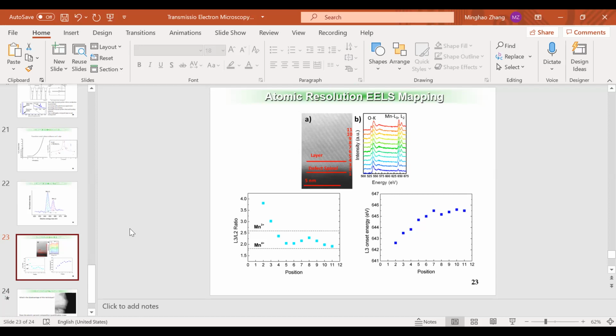So we have lithium as the electrolyte, silicon as the anode, and lithium cobalt oxide as the cathode. And once we started the biasing, it's not cryo-based because the lithium cobalt oxide is quite beam stable, not that sensitive. And when we start the biasing, we can capture the cobalt oxidation state change during the biasing.